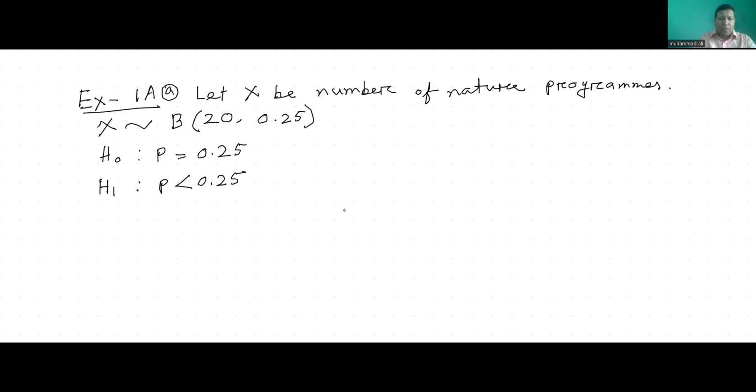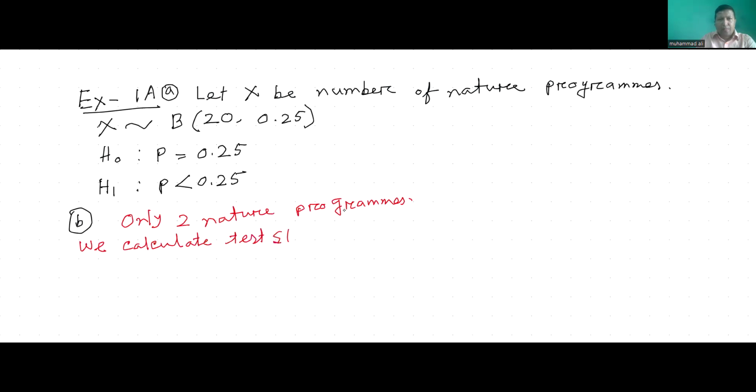Part B: only two nature programs. We calculate the test statistic. The region is probability of X less than or equal to 2.